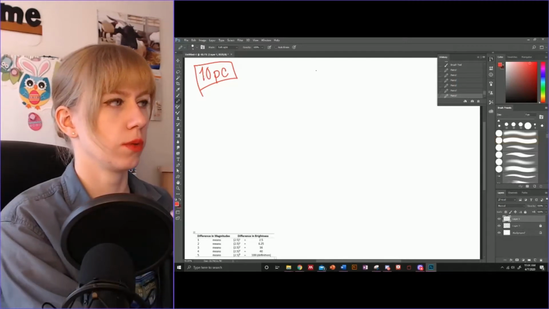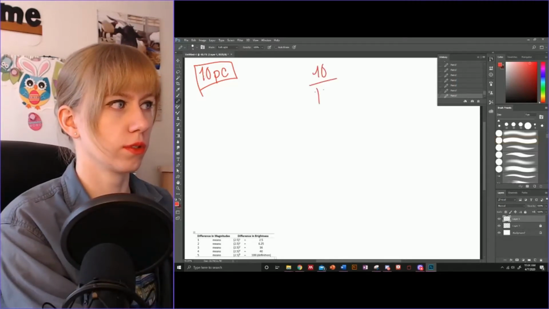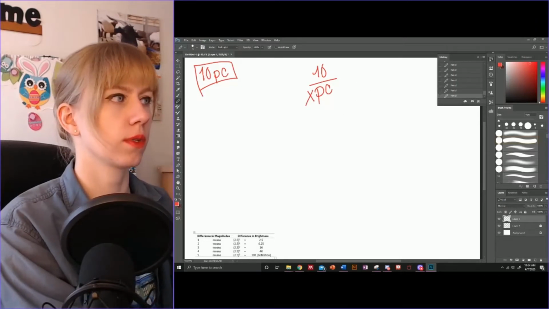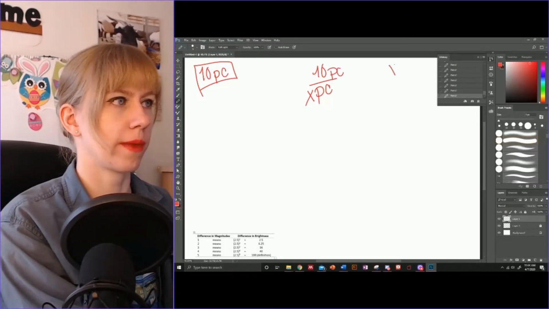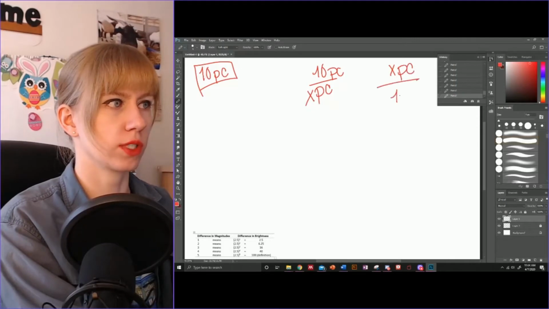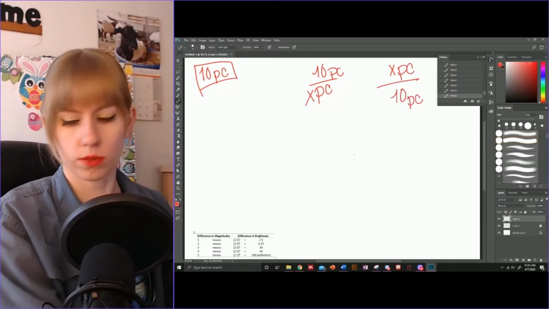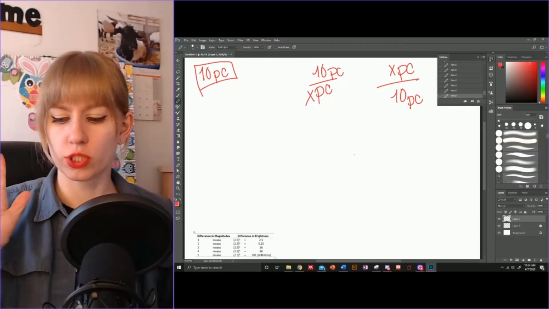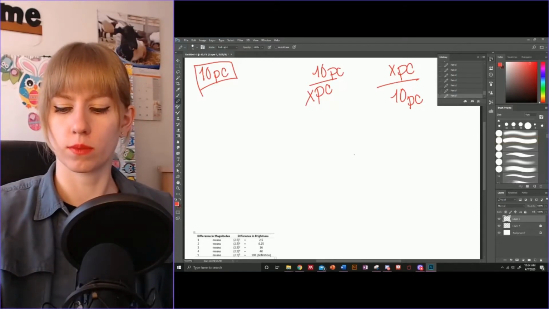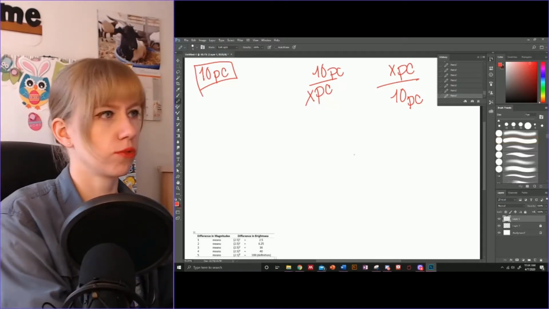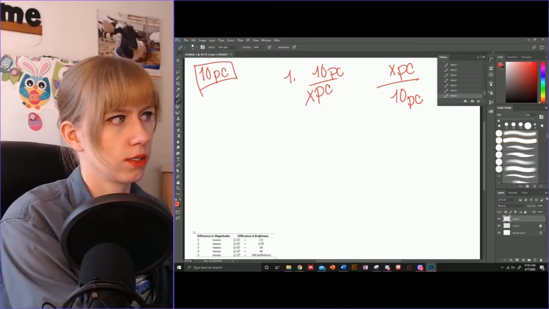We need our star to be there, which means we're going to have two equations that we can choose from. We can either use 10 over the amount of x parsecs where the star is right now, or we can use the amount of parsecs the star is at now over 10. Either way, it's going to be the one that doesn't give us a decimal. If you are pushing the star away because it's too close, you will be using number 1.